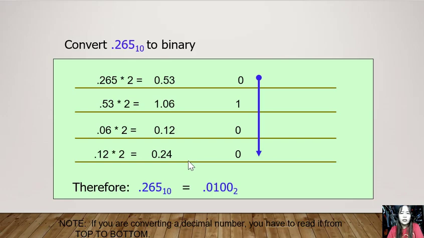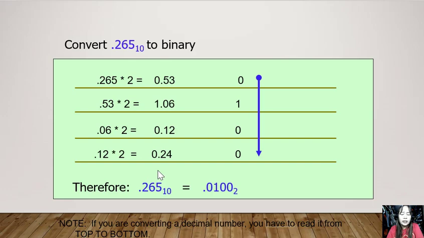This could be infinite, so you will have to ask the teacher giving you the problem how many digits they want for that particular conversion. If your teacher says only 4 digits, you stop here. Otherwise, you continue multiplying the 0.24 by 2, and thereby get the 5th digit.